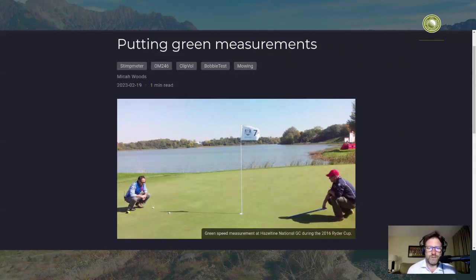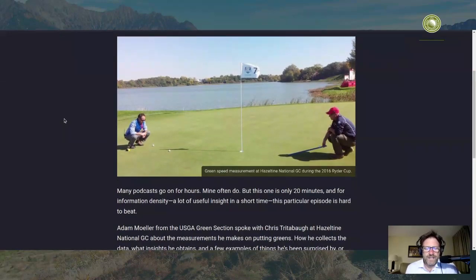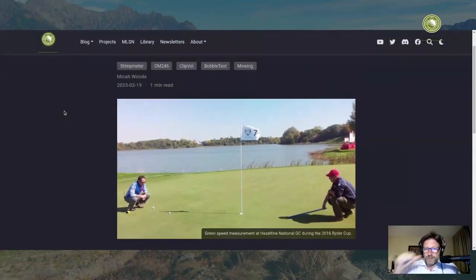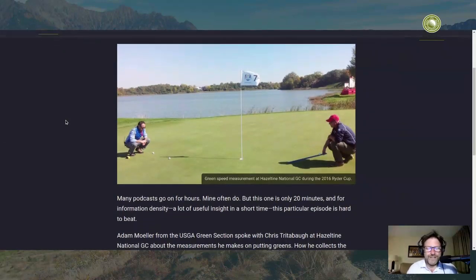The flag in the photo says 7 because during the 2016 Ryder Cup, the hole that normally plays as 16 for the members, which is out on the lake, was played as hole number 7. And I said there, well, it turns out that this podcast that I'm recommending was recorded on this very green. So I thought it would be appropriate to show a picture of that green in the blog post.